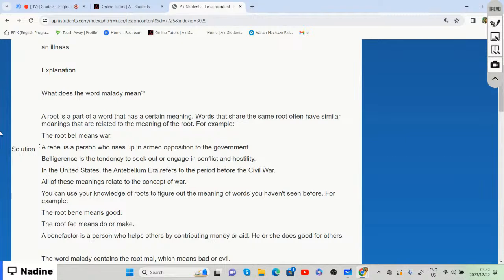As we notice, there are a lot of Greek and Latin root words, and in order for you to know the meaning of certain words, you ought to know what the specific root word means.